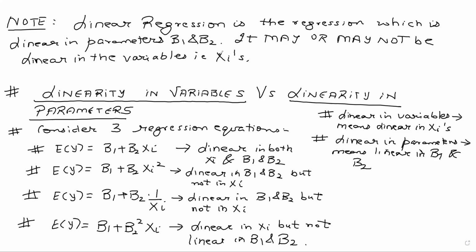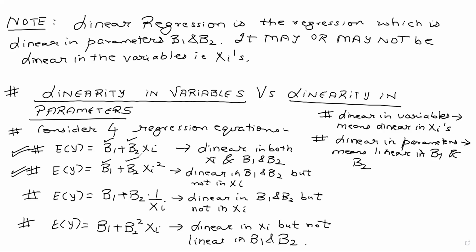So guys, if we look at these regression equations again, is the first equation a linear regression? Yes, because it is linear in the parameters. Is the second equation a linear regression? Yes. Why? Because it is linear in parameters, even though it's not linear in xi.